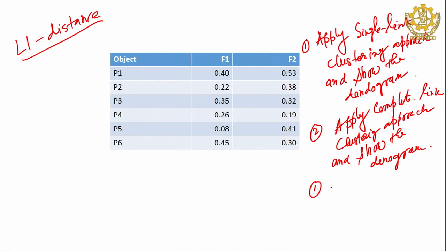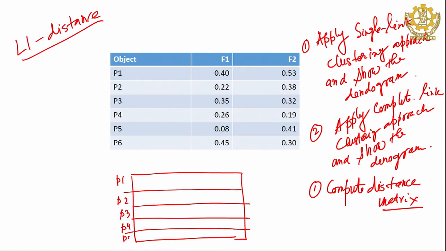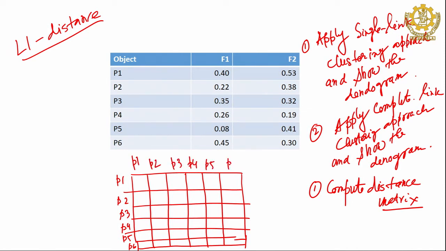So, what is the first step? First step is to compute the distance matrix. So, you compute the distance matrix. This diagonal element will automatically be 0. Next, we are computing the L1 distance.